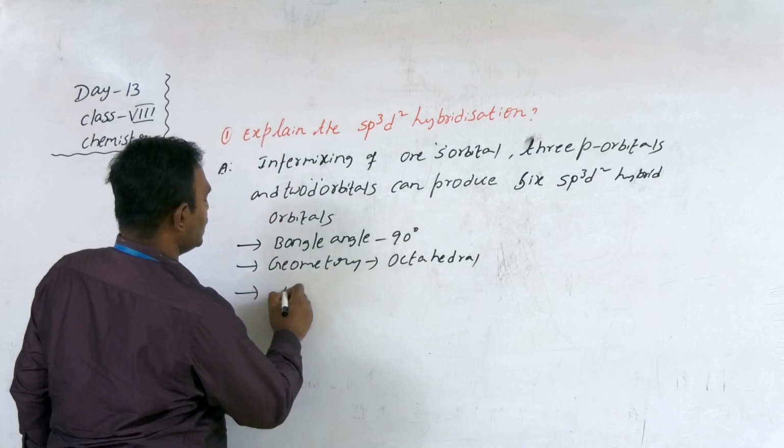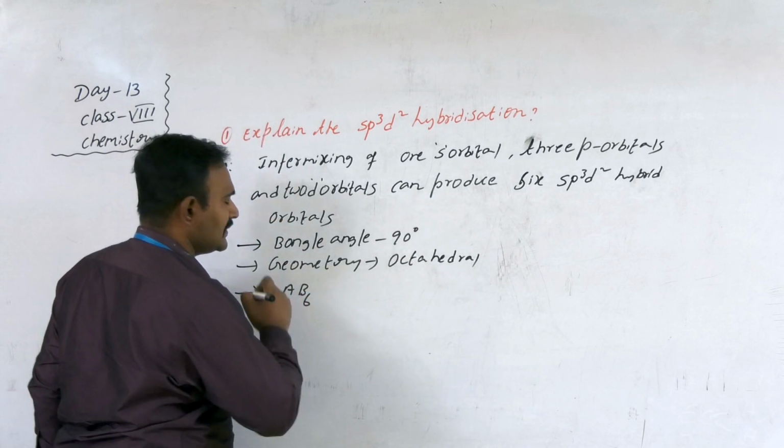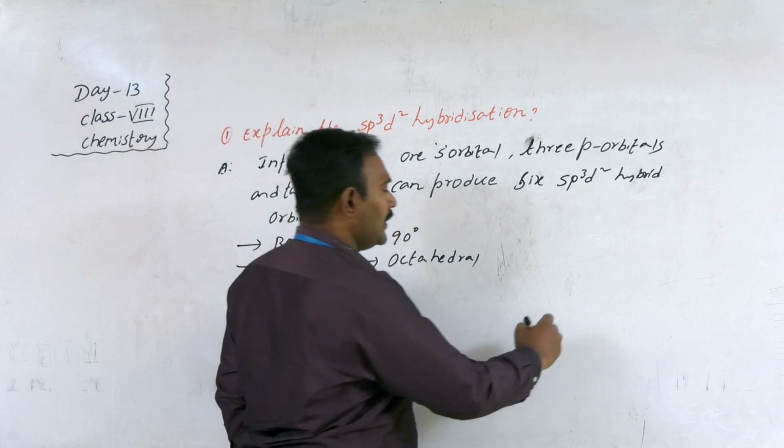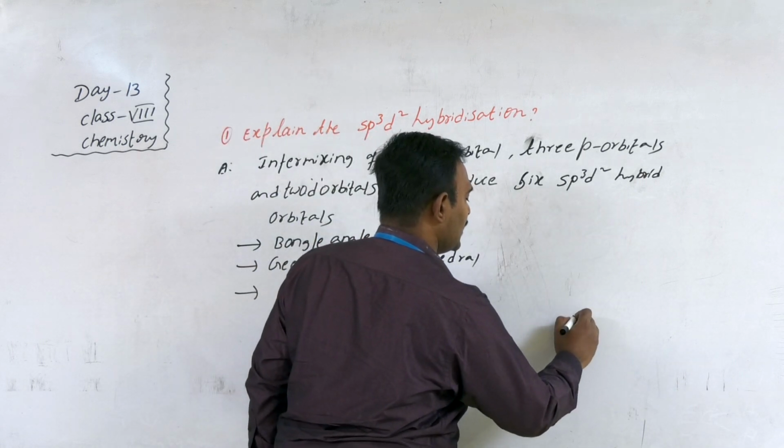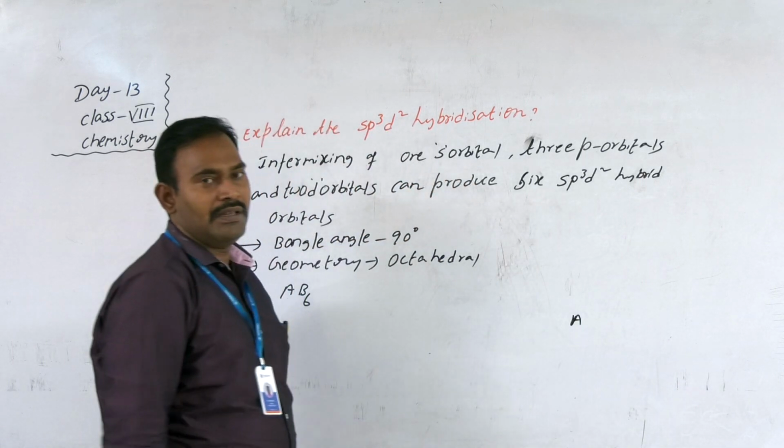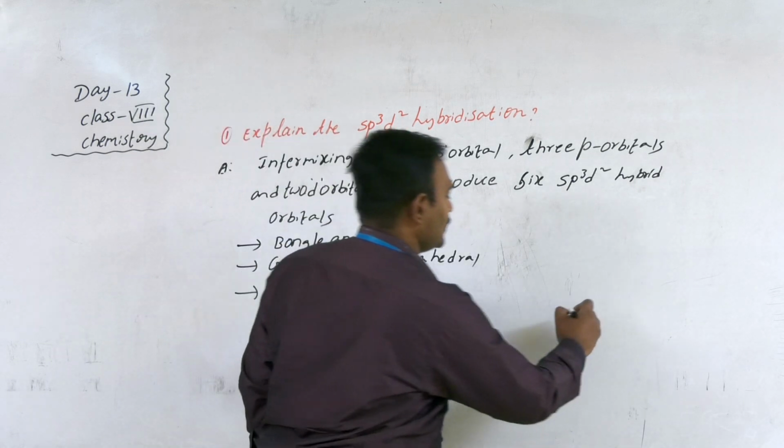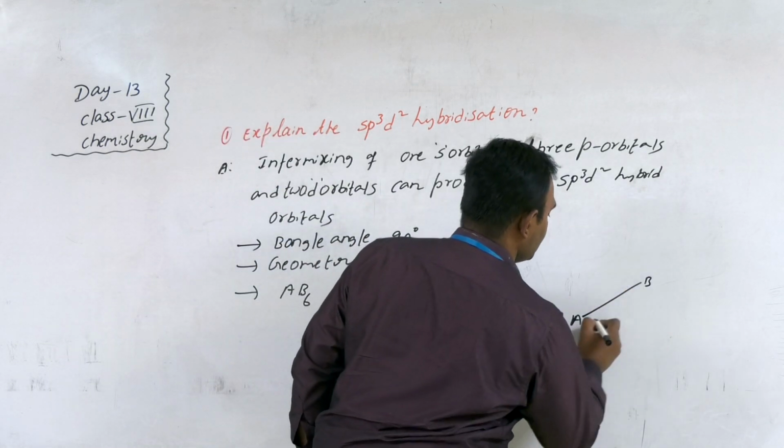Suppose if we take the example AB6 type molecule, the geometry will be like this. Here A is the central atom and B atoms are the surrounded atoms.